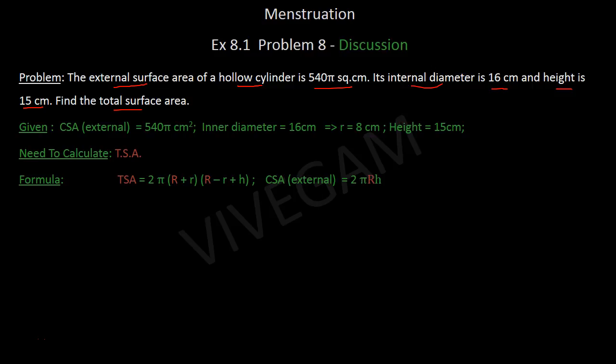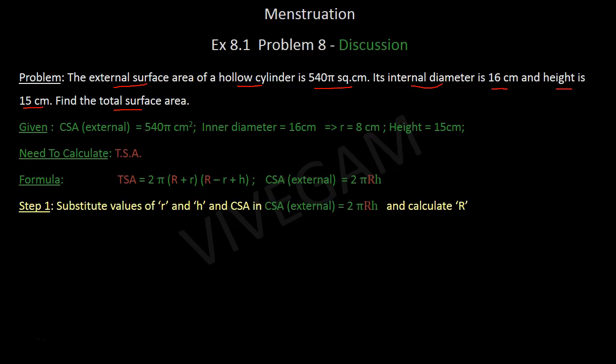Okay, let me summarize the steps. Substitute the value of inner radius, height and the CSA, which is 540 pi centimeter square, in the formula CSA external, that is equal to 2 pi into capital R into H. Suppose they have given internal CSA, you will have to use 2 pi into small r into H. Okay, that's the key information here.